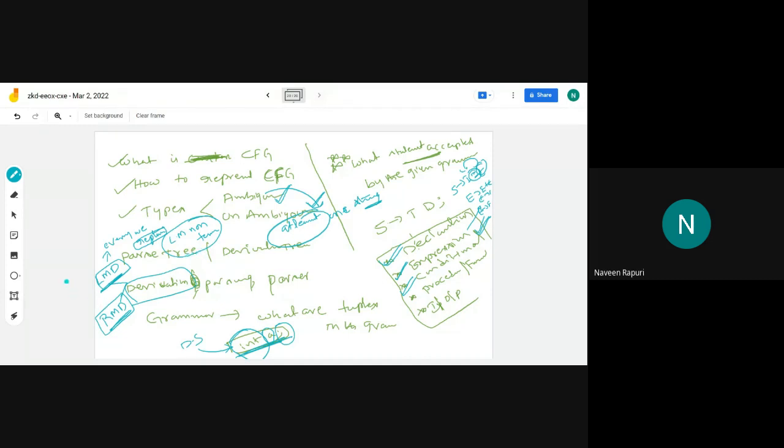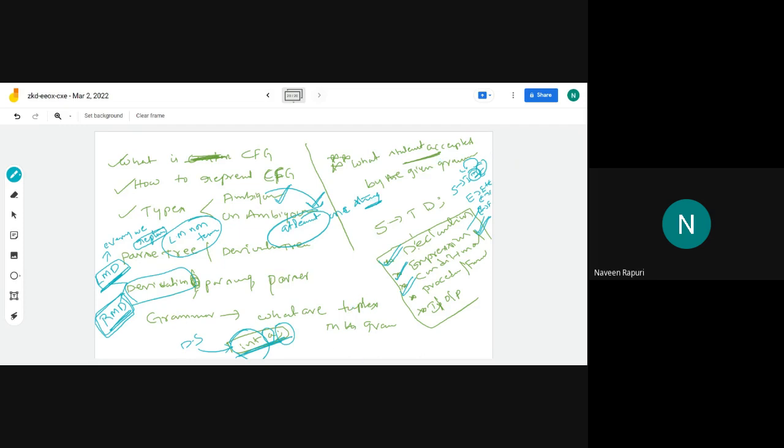Suppose you construct LMD as a tree representation, we can call that the leftmost derivation tree. Suppose you construct RMD as a tree representation, then we call that the rightmost derivation tree. So this is the terminology, sir, we have discussed. Here you get questions like: what is the statement accepted by the given grammar?